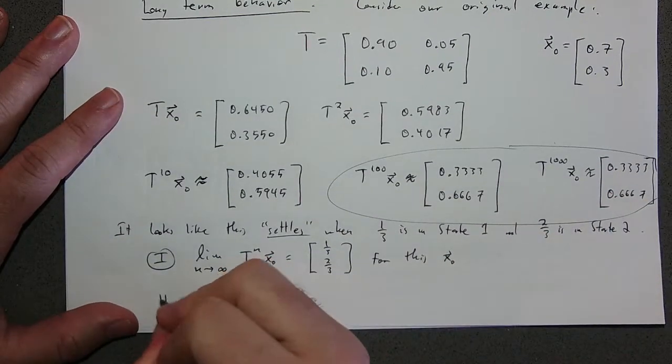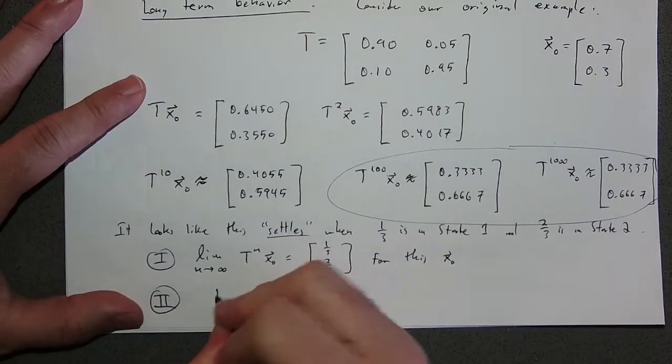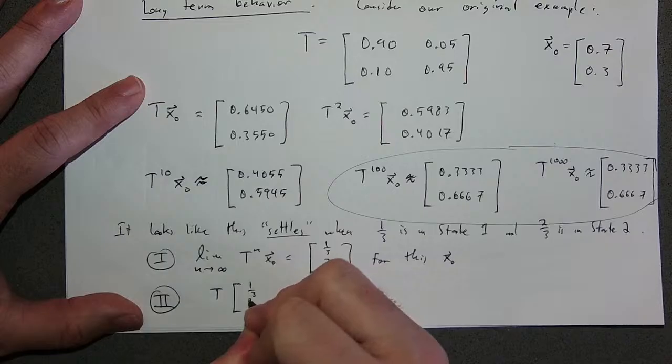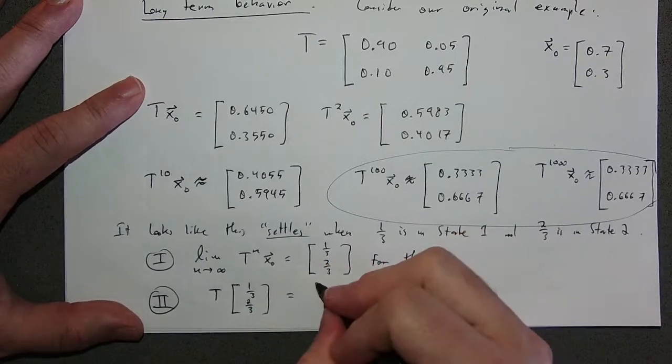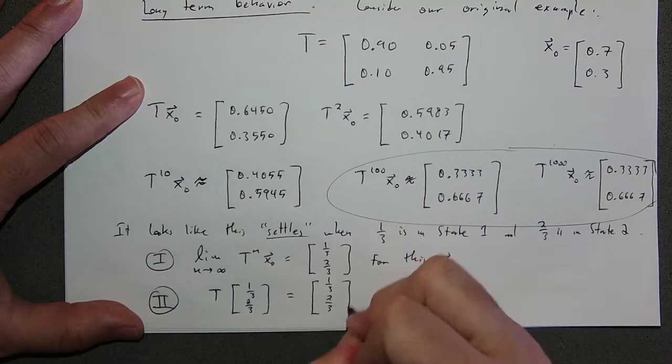And secondly, if I apply T to the vector 1/3, 2/3, what do you think is going to happen? It should fix that vector.